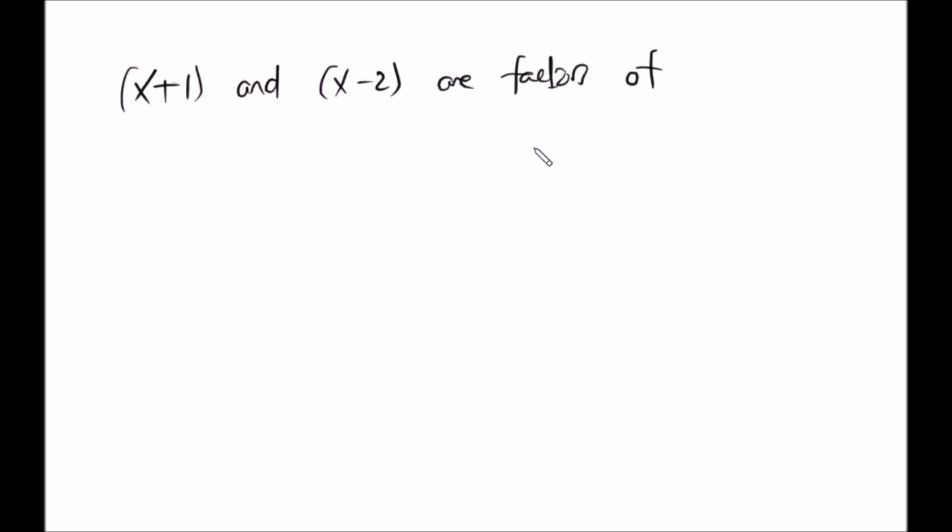Now si alisema kwamba kwenye swali x plus 1 and x minus 2 are factors of x cube plus px squared plus 2x plus q. Alafu akasema find p and q.